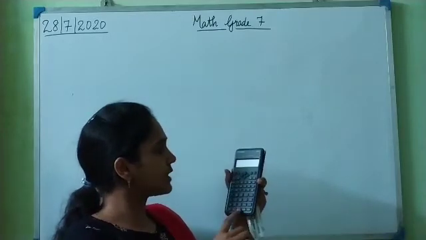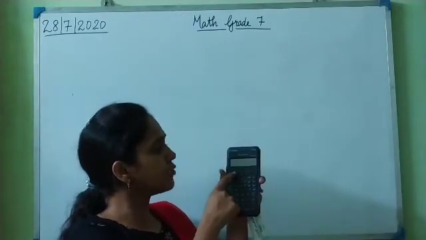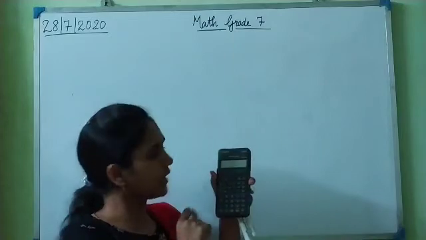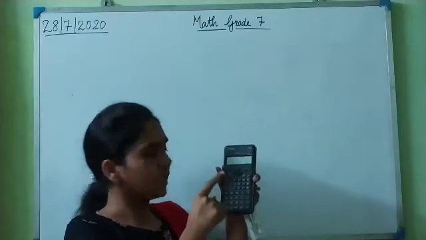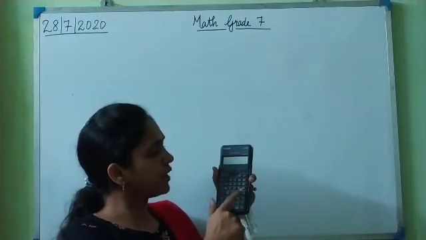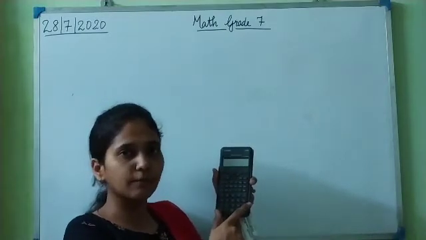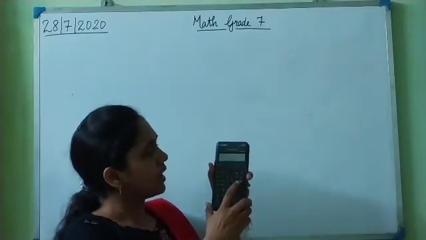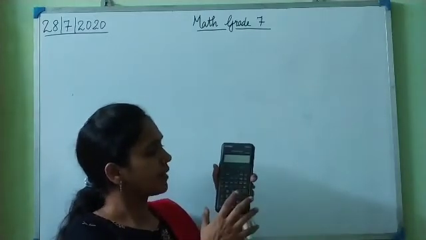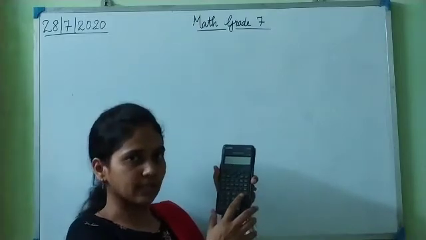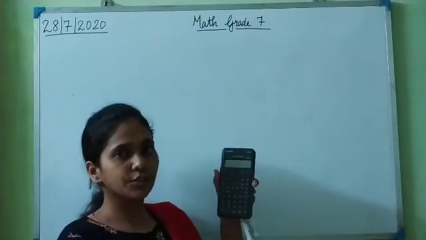This means that whenever we are using these two keys, shift and alpha, when we press the shift key, whichever key we press after that, if it has a yellow name written on top of it, then to access those keys we need to first press the shift key.